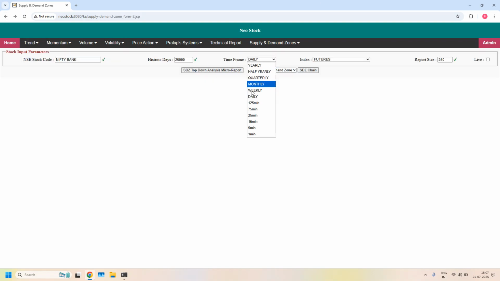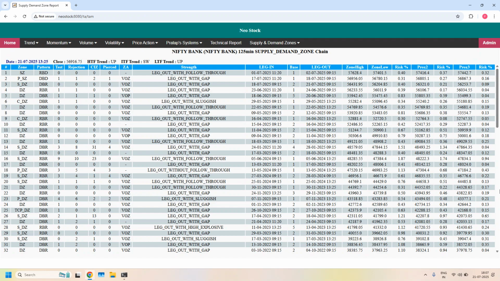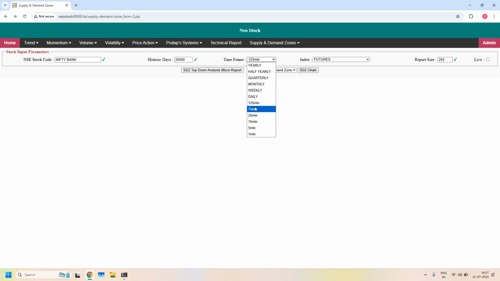Next, I am generating 125 minutes supply demand zone chain for Bank Nifty. Next, I am generating 75 minutes supply demand zone chain for Bank Nifty.